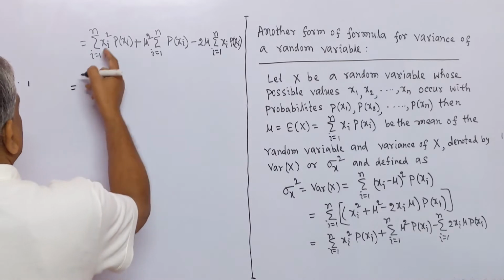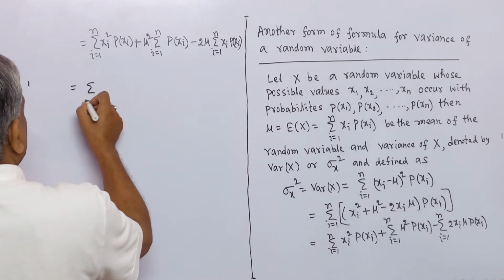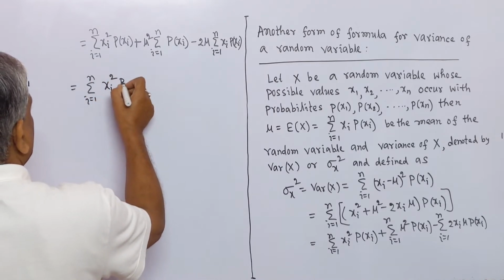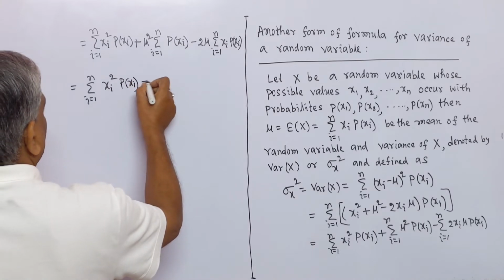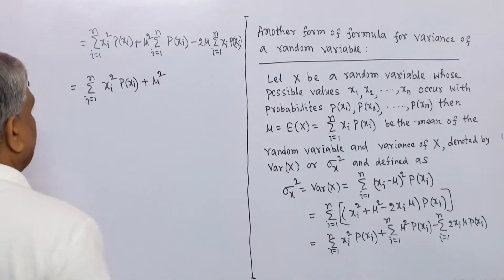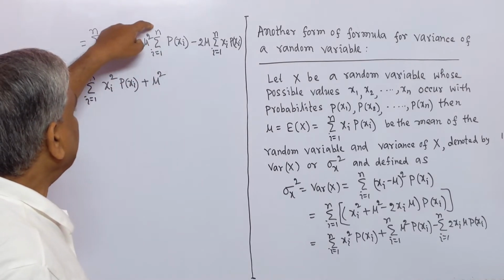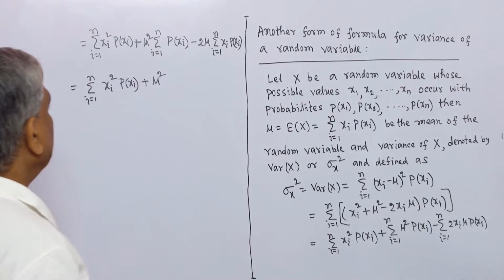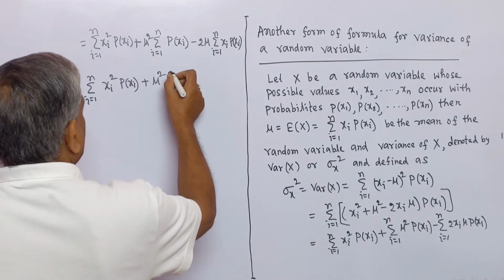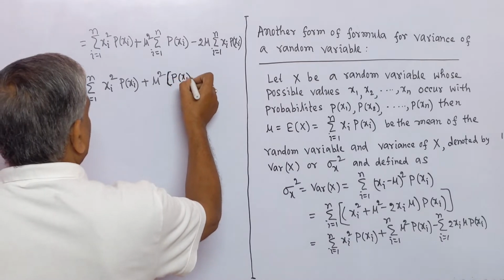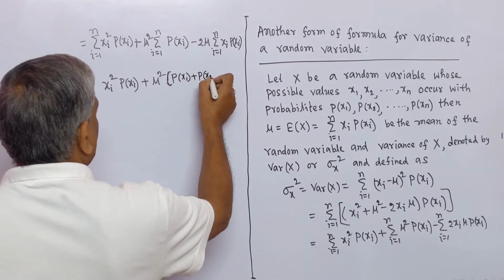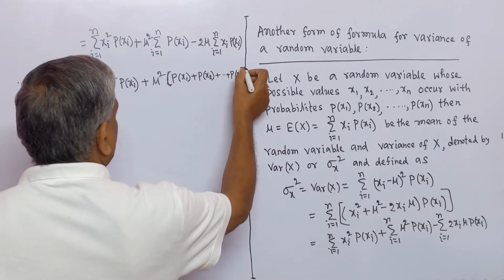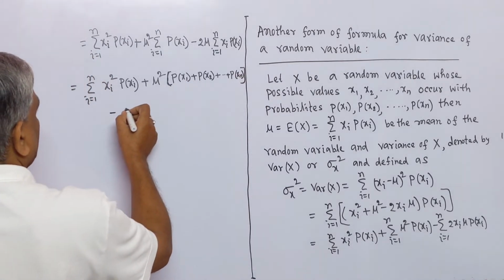and this will be equal to same thing, summation i equal to 1 to n xi square pxi plus mu square. Here sigma i equal to 1 to n pxi means px1 plus px2 plus ... plus pxn, minus 2 mu.